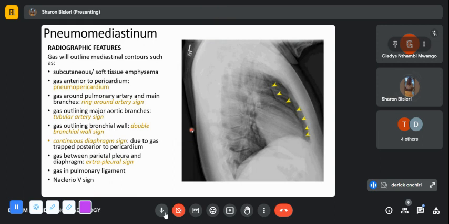What we can see on the lateral radiograph is an air column anterior to the pericardium, all the way from the left cardiac border to the mediastinum. That will be pneumopericardium.